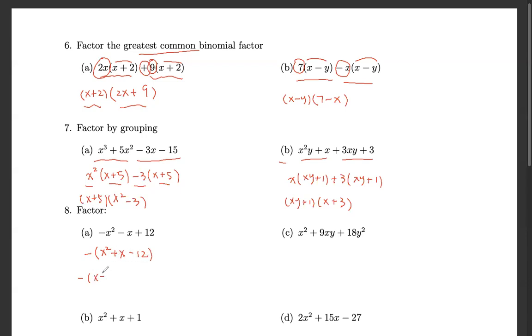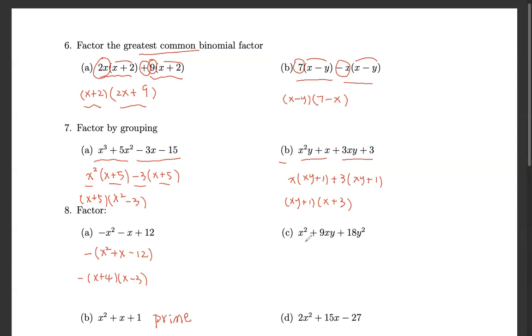So that's x plus 4, x minus 3. Right? Because positive 4 times negative 3 is negative 12. Positive 4 plus negative 3 is positive 1. B is prime. B cannot be factored in real numbers, so just leave it as it is.